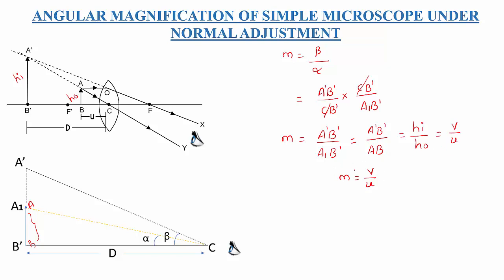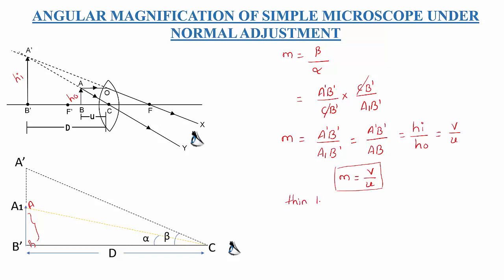Remember, M equal to minus V by U is for a spherical mirror. M equal to plus V by U is for lenses. So we got M equal to V divided by U. Right? Now I am going to use the thin lens formula.